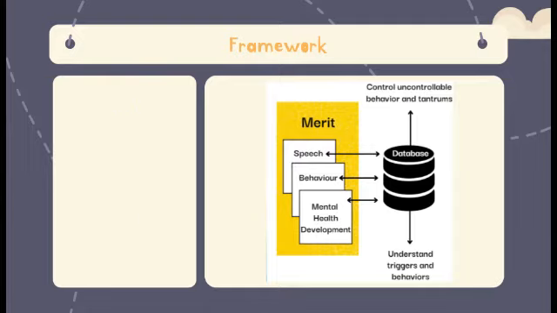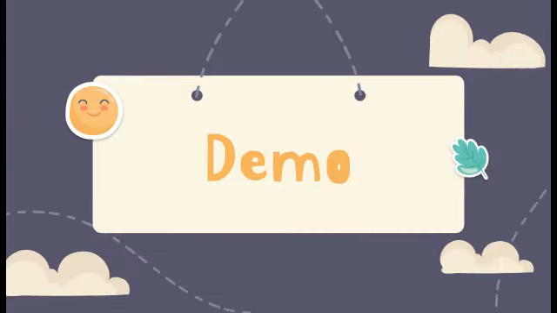There are activities under each category, and every time autistic children do an activity, the merit point will be calculated and then stored in the database. Those data will then be used to identify and to solve the problem statement that I have explained earlier. Now, let's get through my project so that I can tell you more about it.